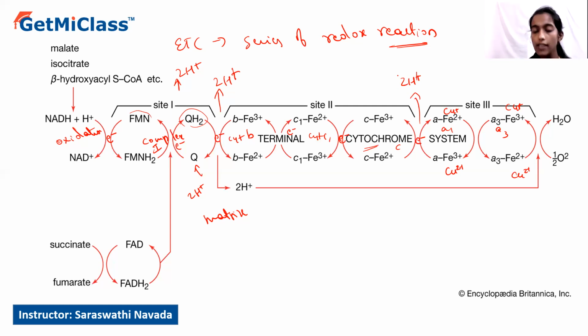Once this series of reactions takes place, as the electron moves from complex 1 to complex 4, the energy of the electron keeps on reducing, and finally once the electron comes out of complex 4, it will be a low energy electron, or a weak electron, which cannot be reduced further.